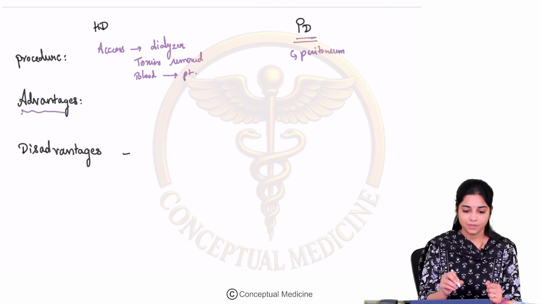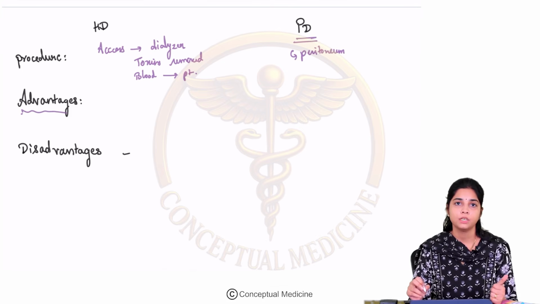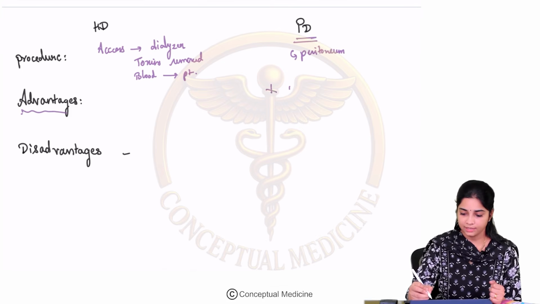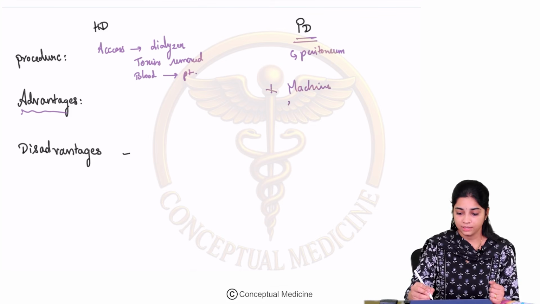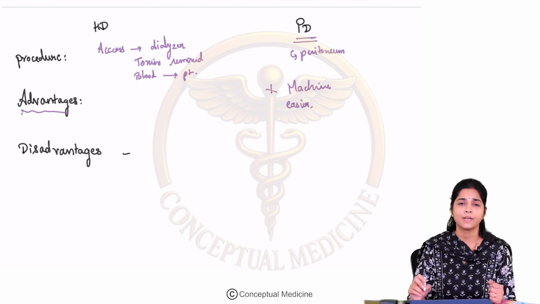There are certain advantages of peritoneal dialysis over hemodialysis. One thing is that it does not require a machine, so it is not machine dependent. Then it is easier for the patient to undergo peritoneal dialysis. Why is that so?